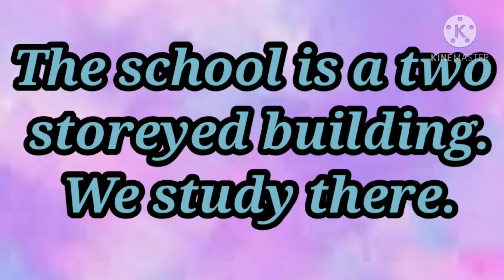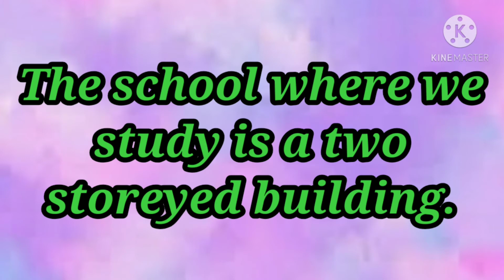Now take the example of where. The school is a two-storied building. We study there. The complex sentence will be, the school where we study is a two-storied building.